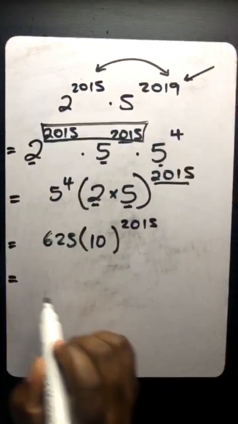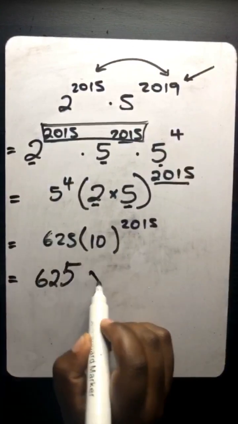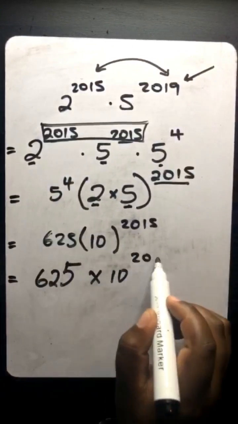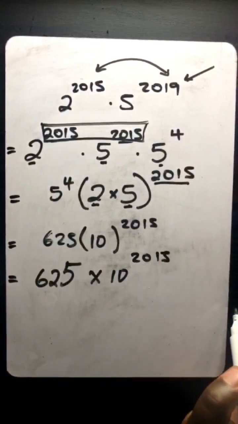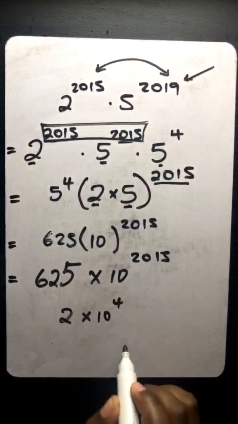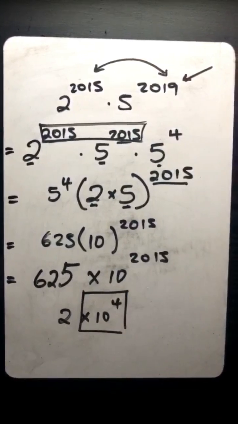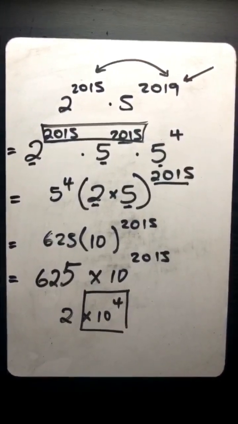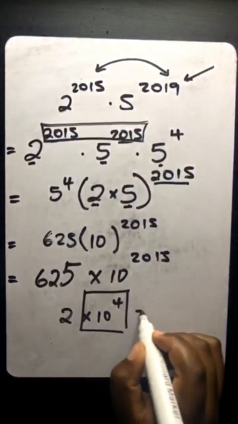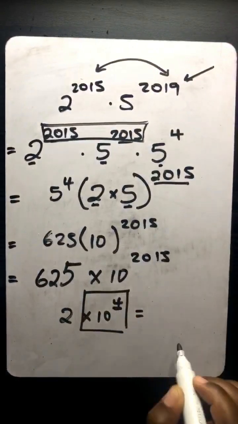So mathematically, this is the same as 625 times 10 to the power of 2015. Every time you have, let's say, 2 times 10 to the power of 4, the 10 to the power of 4 part on its own means 4 zeros.